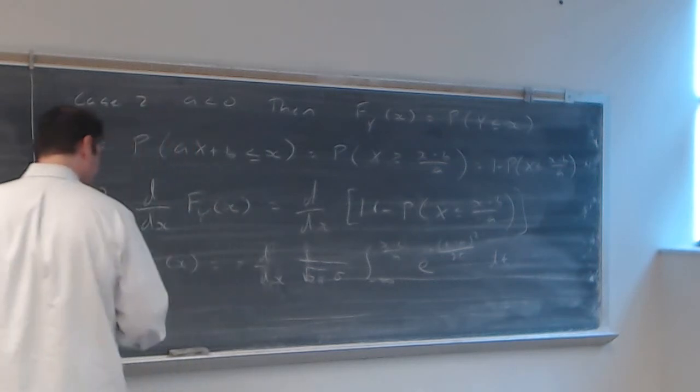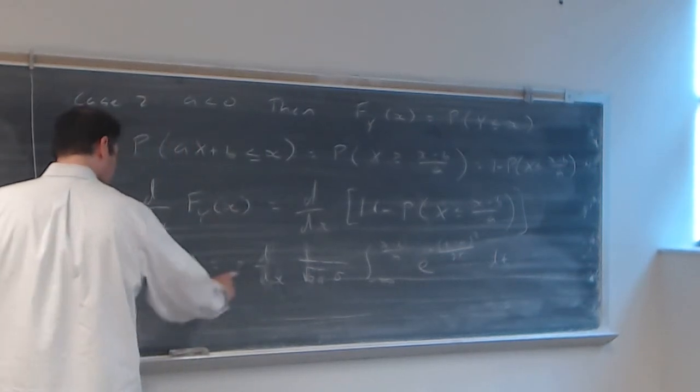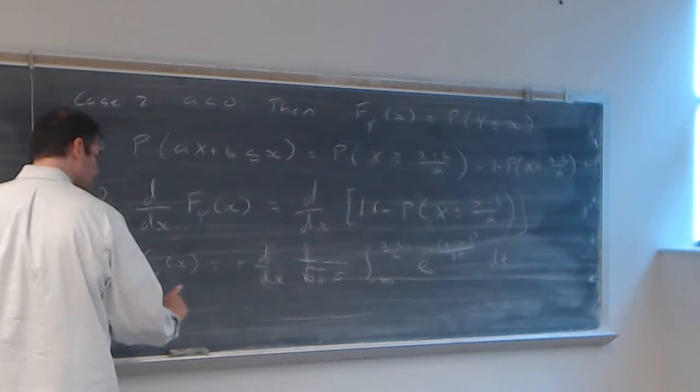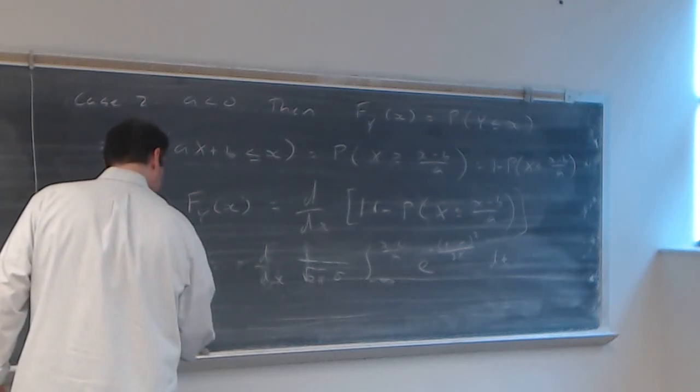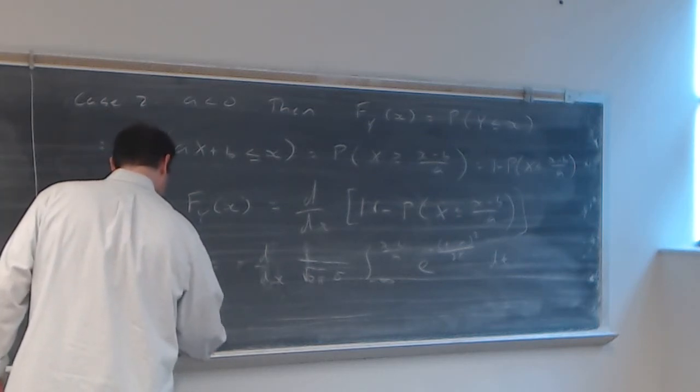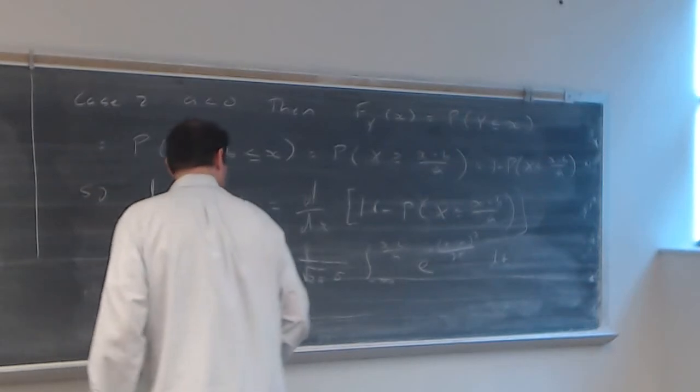And so what we end up getting here is equal to minus, this is 1 over the square root of 2 pi sigma in the bottom.